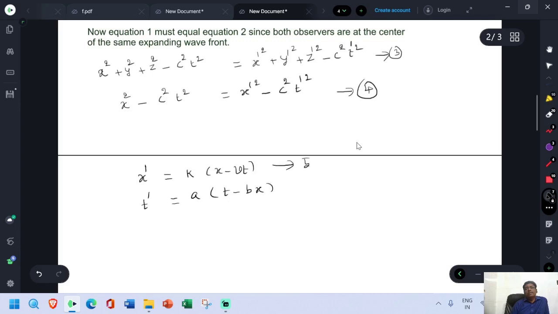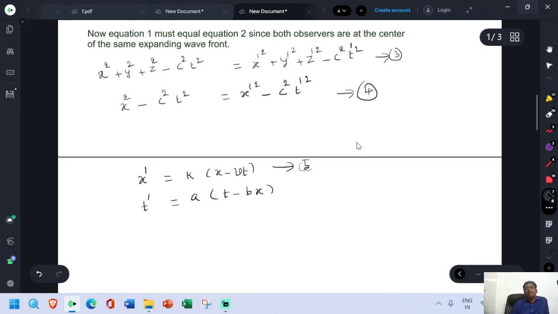So this is equation 5. This is 6. Here k, a and b are constants. We have to evaluate their values.